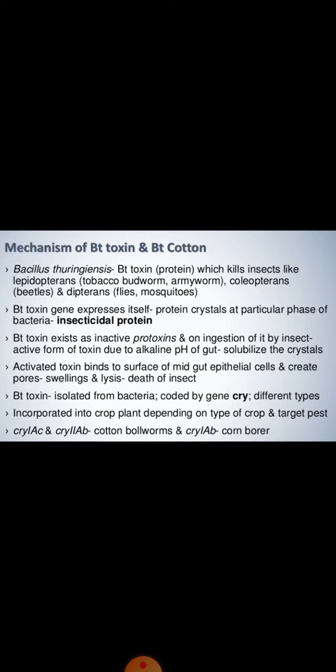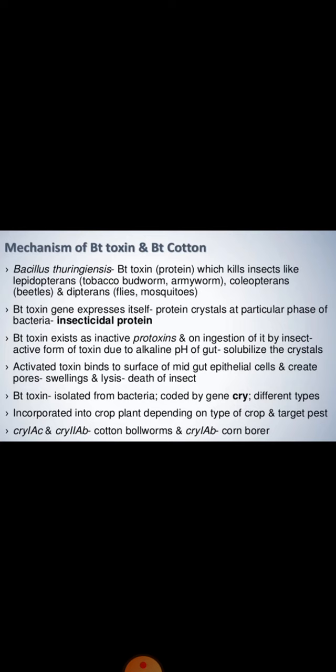Now the Bt toxin gene has been cloned from bacteria and expressed in plants to provide resistance to insects without the need of insecticides. Such plants have reduced the use of insecticides. So these genes are taken out from the bacteria, cloned, and then introduced in the plant to produce insect resistant plants.